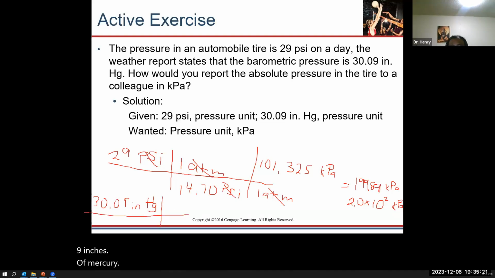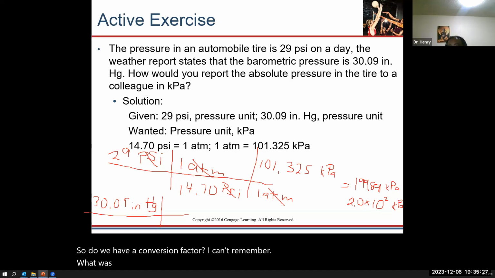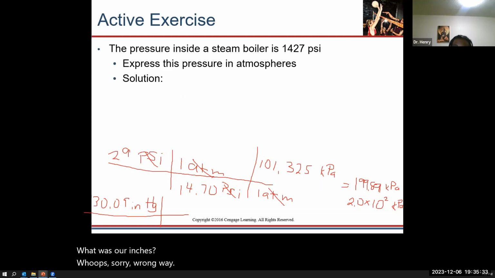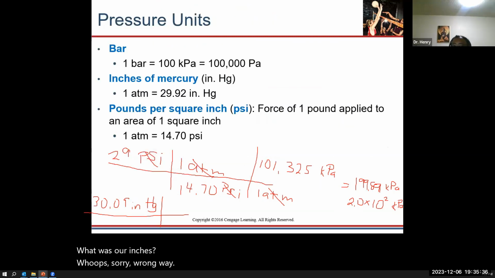So do we have a conversion factor? I can't remember. 29.92 inches of mercury is going to equal 1 atmosphere. So let me write that down because I'm struggling today.